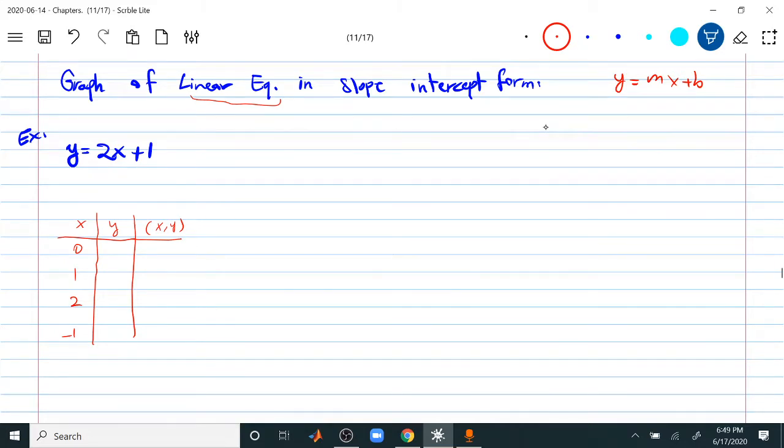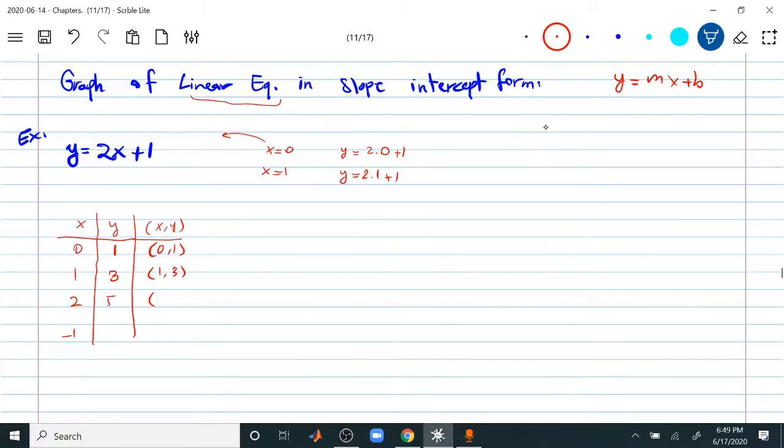So how do I find the y value? Replace x with 0 in the equation. I'm replacing x equal to 0 into this equation. What do I get? y equals 2 times 0 plus 1. What is y? y is 1. So therefore 0 and 1 is a point. If I replace x with 1, what do I get? I get y equals 2 times 1 plus 1, so y is 3. You'll get 1 and 3. And so on.